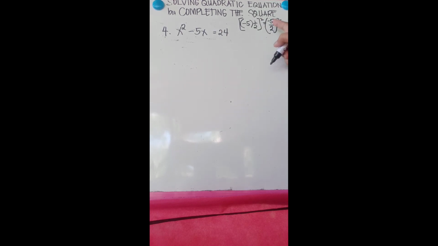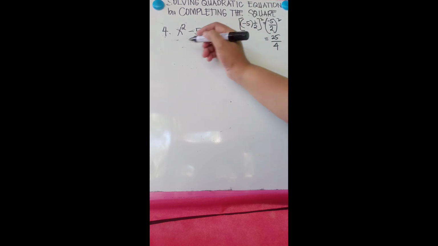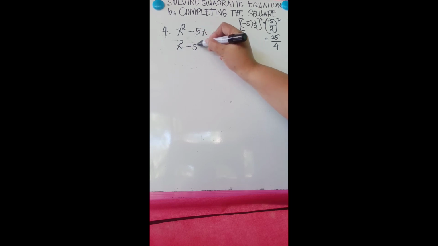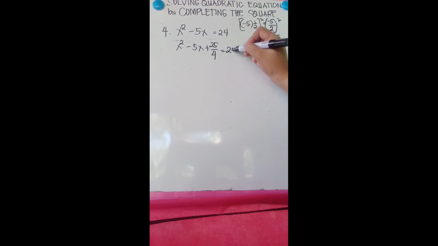So, the square of negative 5 is 25 over square of 2 is 4. Then, you add 25 over 4 on both sides of the equation. So, we have x squared minus 5x, then, plus 25 over 4. Then, equal to 24 plus 25 over 4.